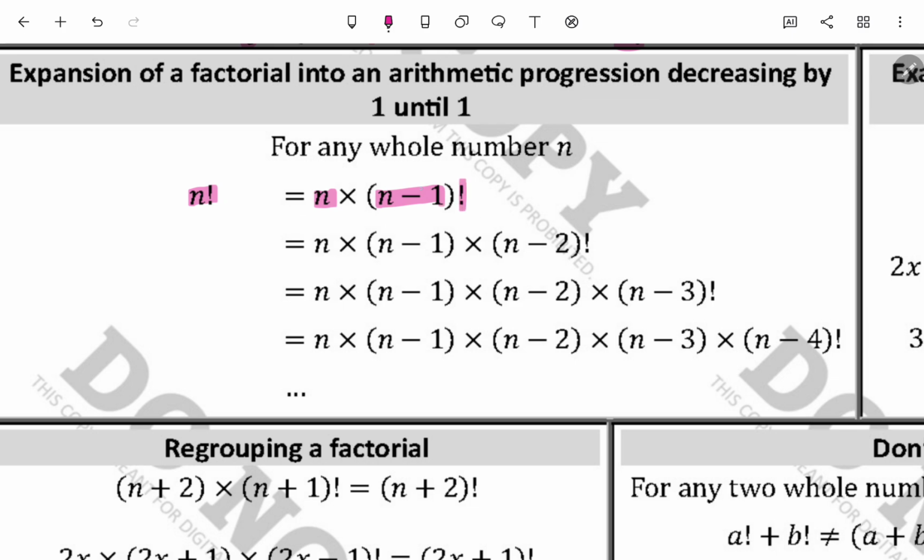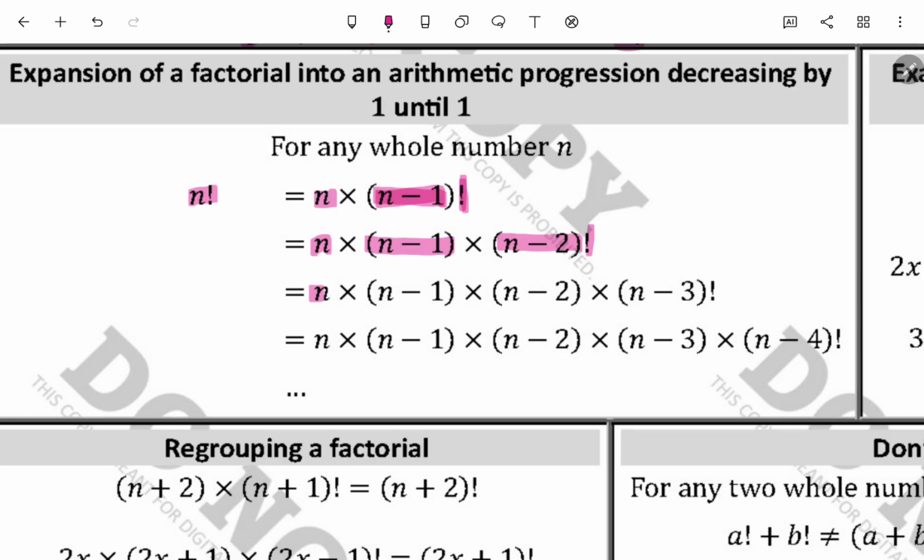That means n minus 1 goes with the multiplication reduced by 1 till 1. But no need to write all this. It's enough to write n minus 1 factorial. Or you can start by the first factor, which is n, then the next factor, which is n minus 1, then n minus 2, and stop with the factorial. That means you are going till 1.